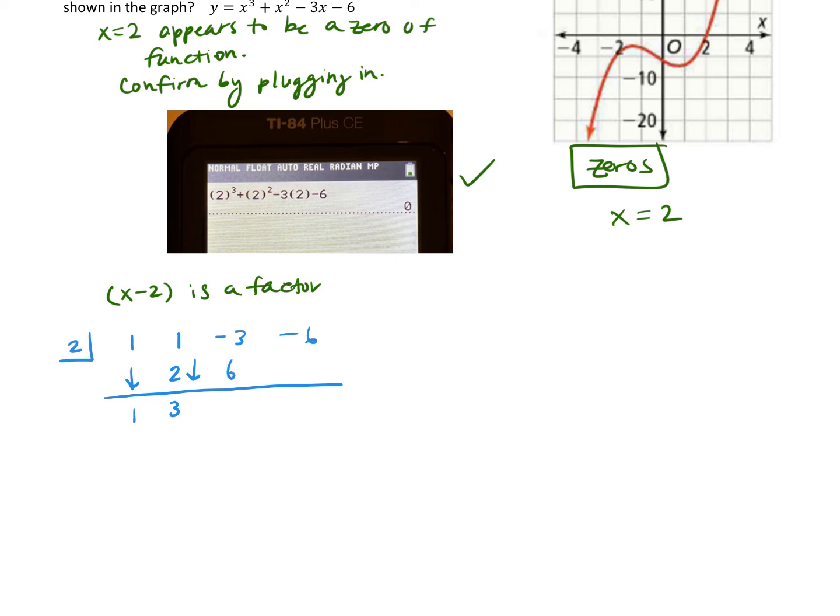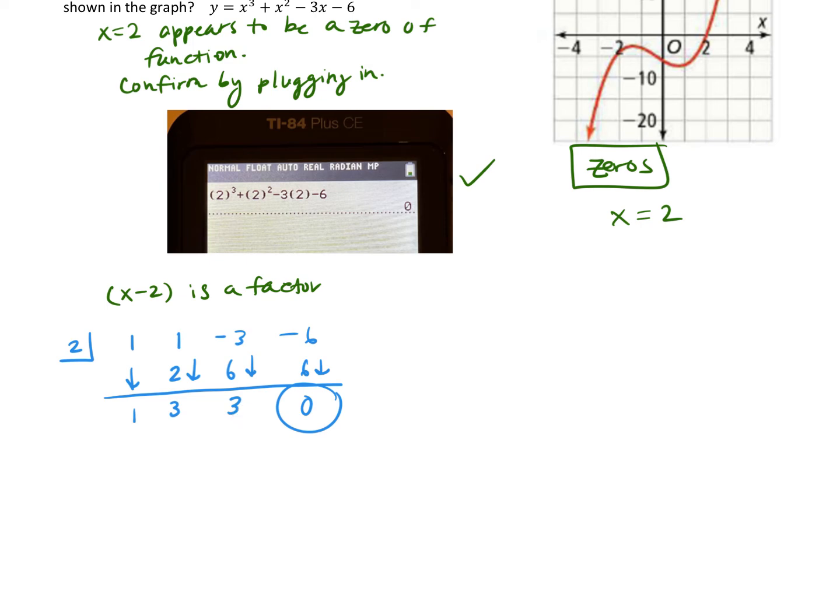Multiply to the corner to get 6. Add down. Multiply to the corner to get 6. Add down, and you get 0. We should get a 0 if this x minus 2 was a factor. So once you get that far, we're going to fill in. Remember, work to the left.